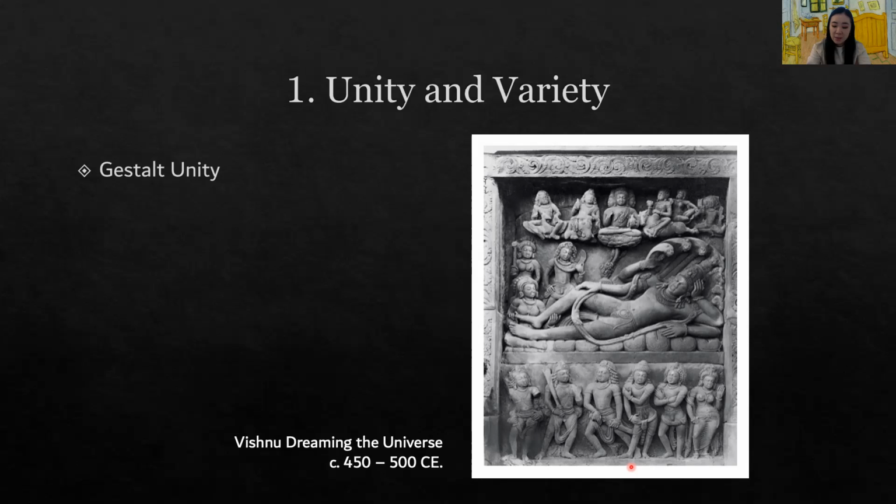And these similar shapes link to each other visually. So to create a composition by repeating shapes, that's Gestalt unity.